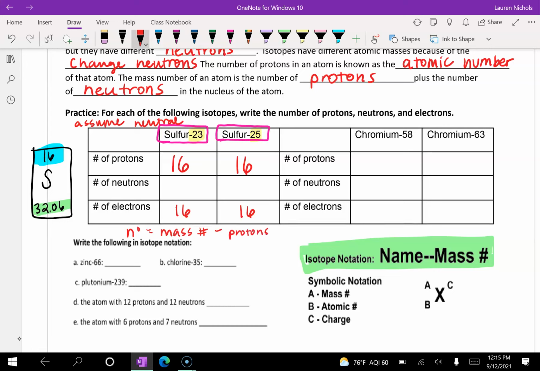So if we have 23 minus 16, we get 7 neutrons. And when we have 25 minus 16, we get 9 neutrons. And so we can see this is definitely not the average, but this is what we have so far. And so I want you to do the same thing for chromium-58 and pause the video and then press play when you're ready to check.